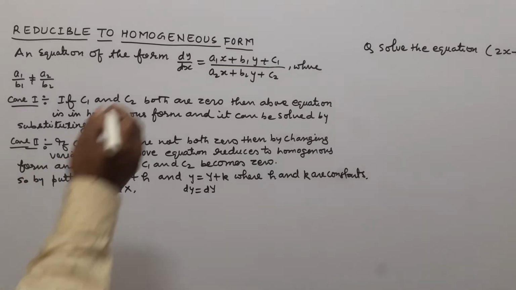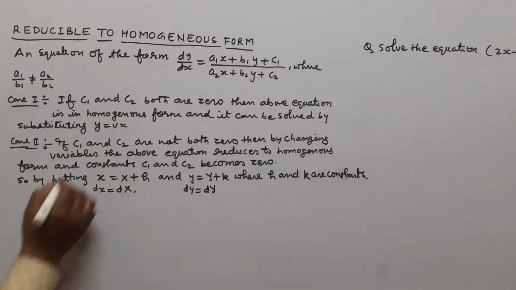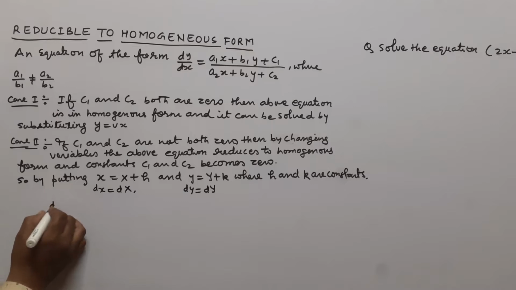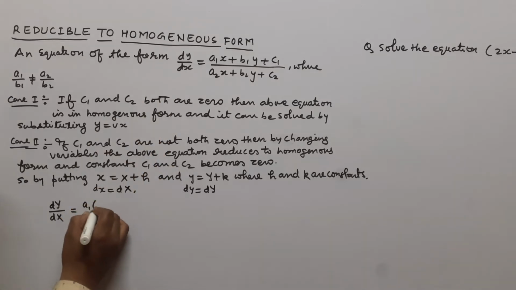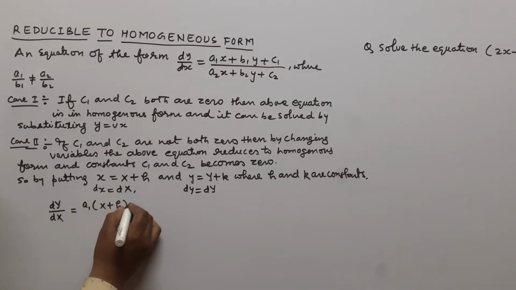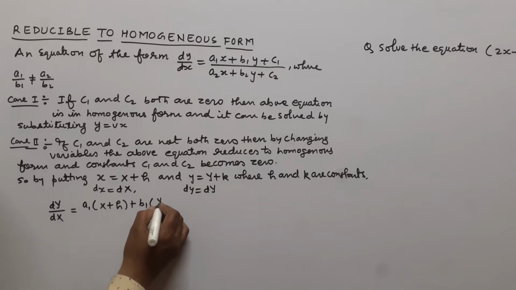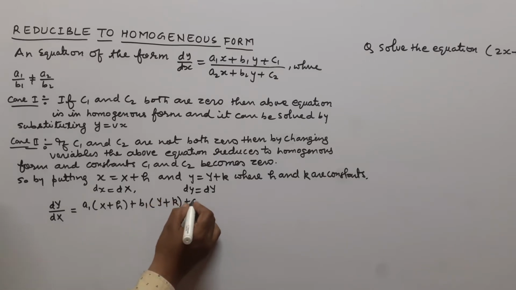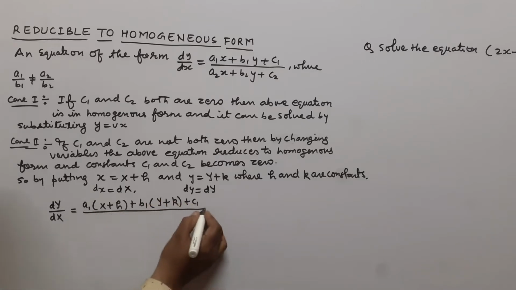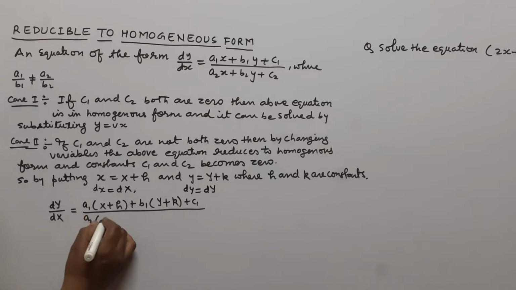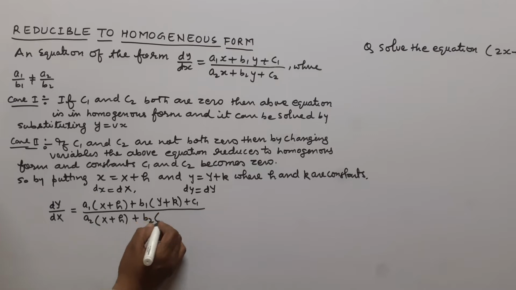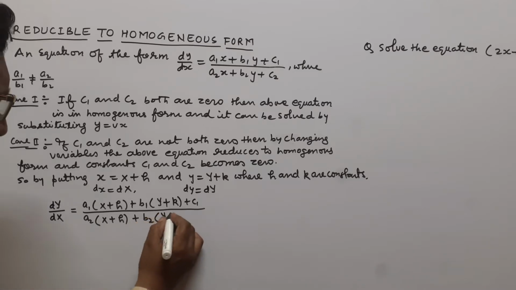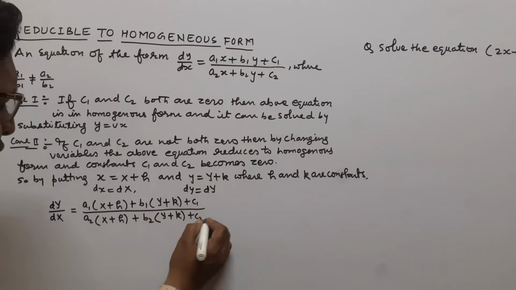Now we know that dy by dx can be written as d capital Y upon d capital X is equal to a1. In place of x we write capital X plus h, in place of y we write capital Y plus k, and then constant c1, divided by a2. In place of x we write capital X plus h, in place of y we write capital Y plus k, plus c2.